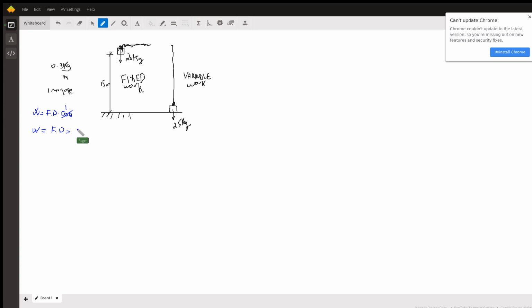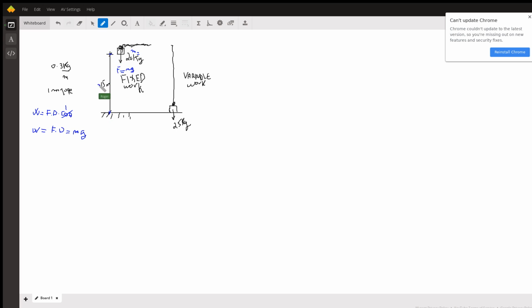So the force is basically the mass times the gravitational acceleration. So the mass here is 20 kilogram, but the force itself, F, is equal to mg. Okay, so mg times the distance here from the ground to where the bucket is, and that's 15 meter.